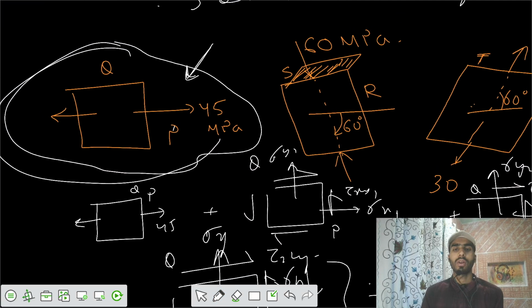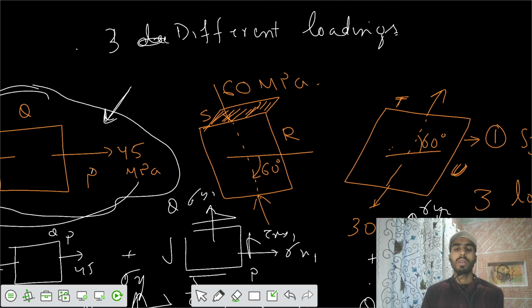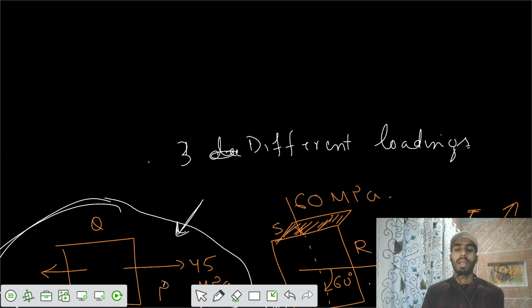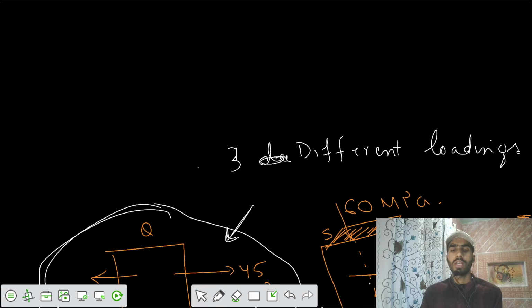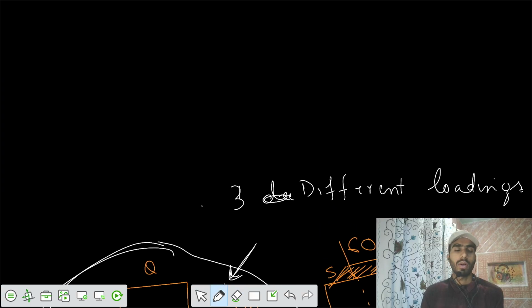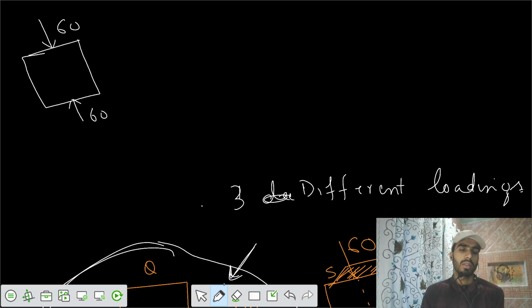So let's take case B first. This is our stress element. It is subjected to compressive 60 megapascal. So we can say your sigma 1, major principal stress, is 0, your minor principal stress is minus 60 megapascal, and tau is 0.